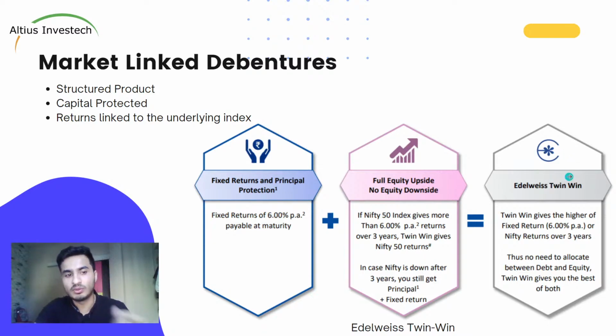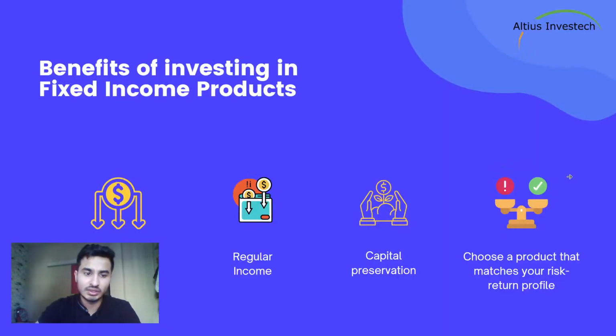So moving forward, let's take a look at the benefits of investing in such products. The first one is obviously the diversification opportunity that they give you from the stock market. Fixed income products have a very low correlation with the actual stock market.